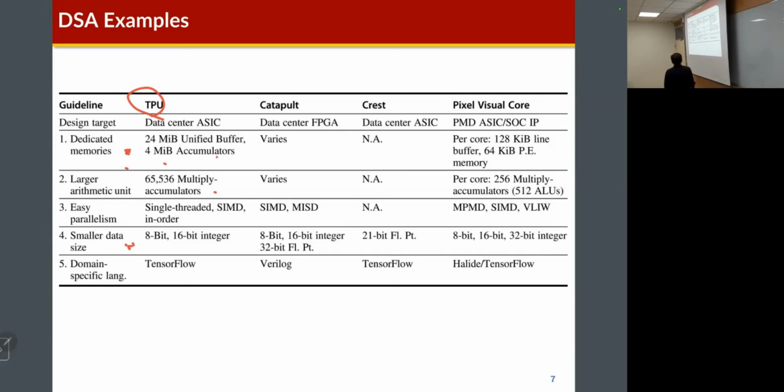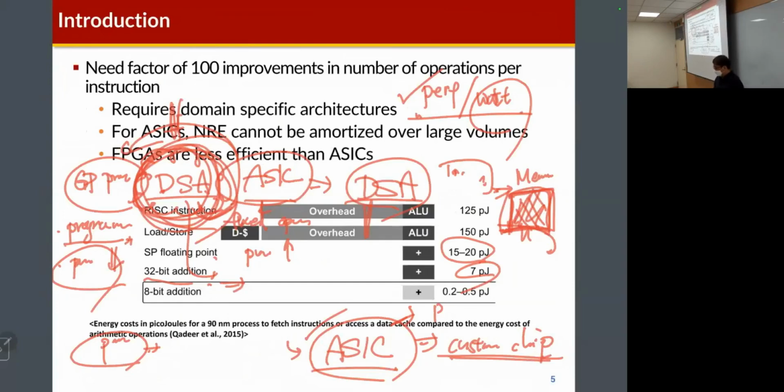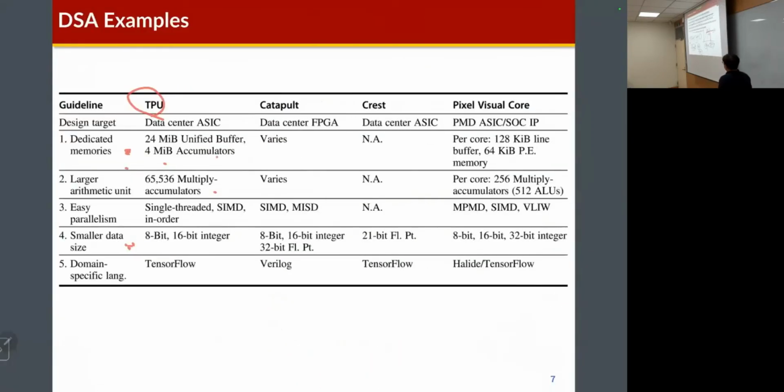resolution of the data. As I showed in this figure, if we reduce the resolution of our data, then we can also reduce the required power for operation. TPU supports 8-bit or 16-bit fixed point data.